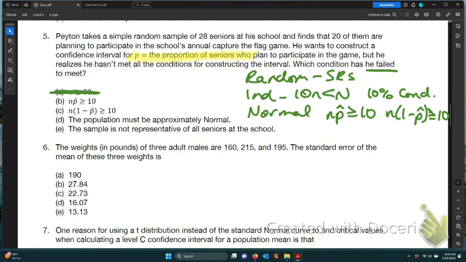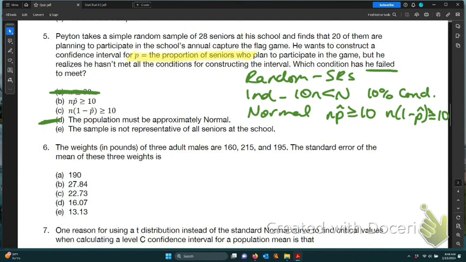We'll look at these in just a second, but the population must be approximately normal. Do any of our conditions say that the population has to be normal? It doesn't. It says that our sampling distribution has to be normal, okay? As verified here. Now, can the population be normal for means and it qualify? Yes, absolutely. But again, why am I checking this if this is a proportion problem?